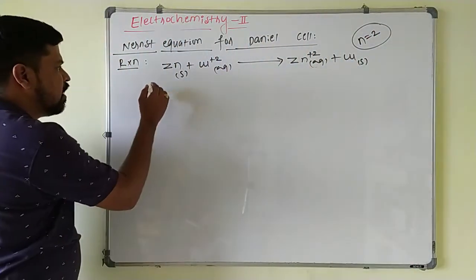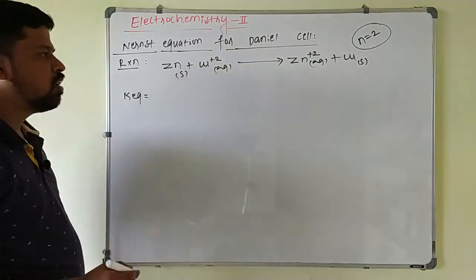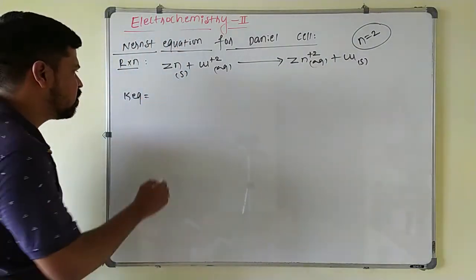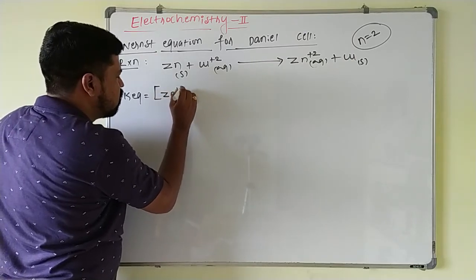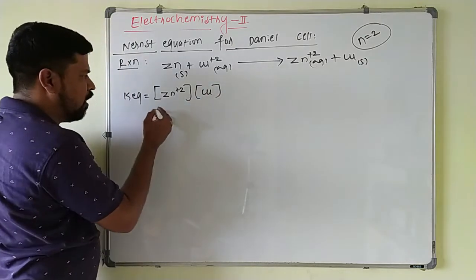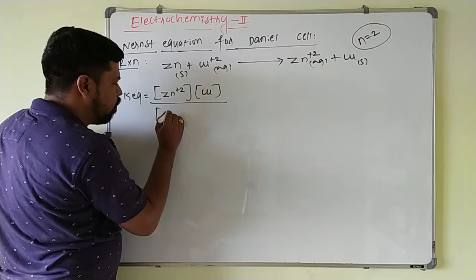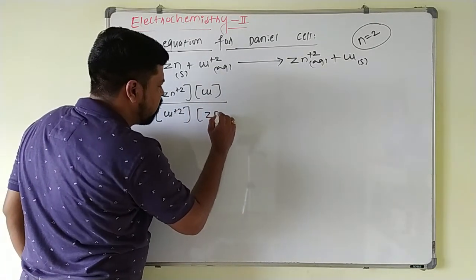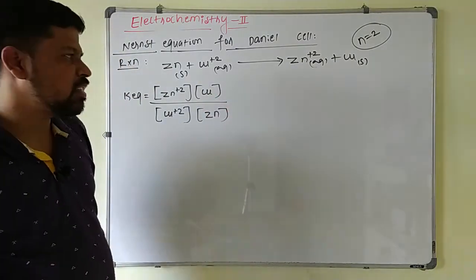For this equation, if I write the equilibrium constant value, K equilibrium is equal to what? Molar concentration of product divided by molar concentration of reactants. So this becomes molar concentration of zinc plus 2 into molar concentration of copper, that is solid, divided by molar concentration of copper plus 2 ion into the molar concentration of zinc here. Already we know that for solids the concentration is taken as 1 here.